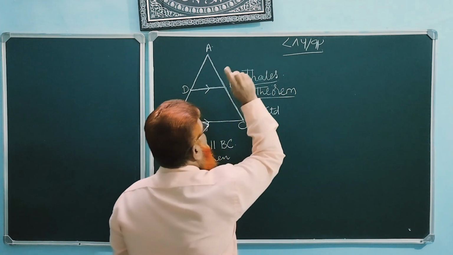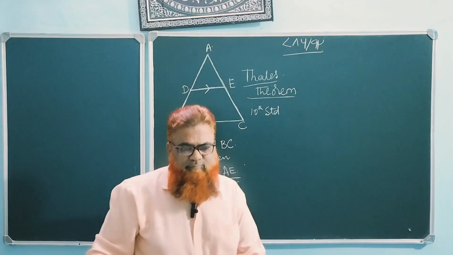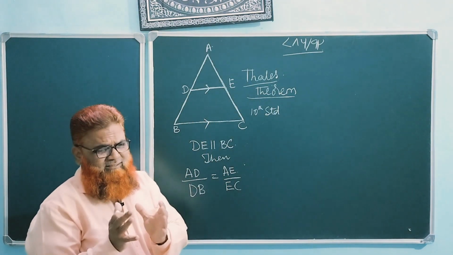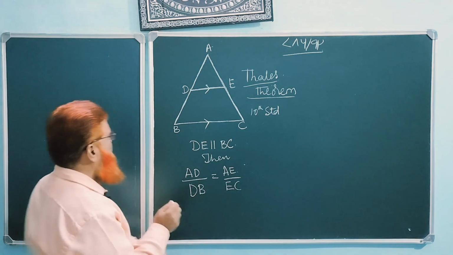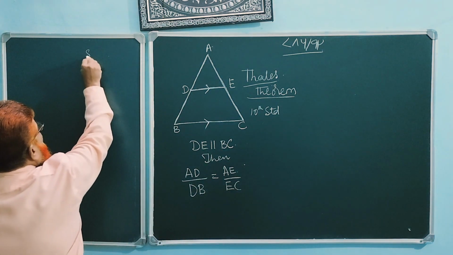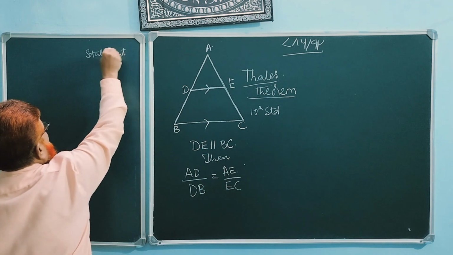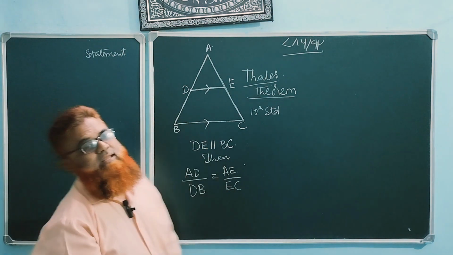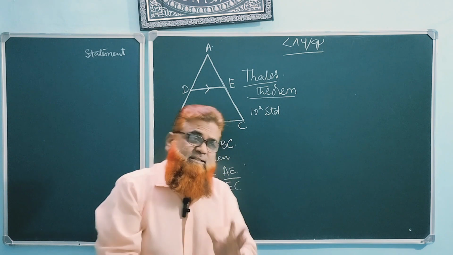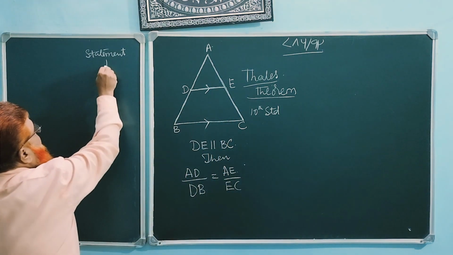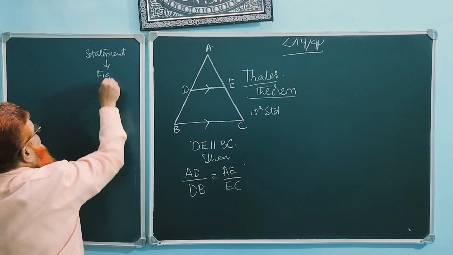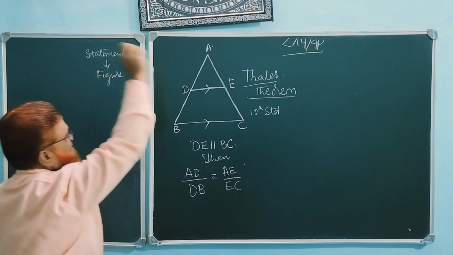Remember, actually, what is the theorem and how will it be proved? First, the theorem will have a statement. It states what the theorem is about. Next, its figure. It will show you the figure.